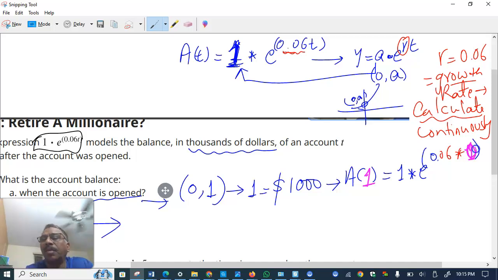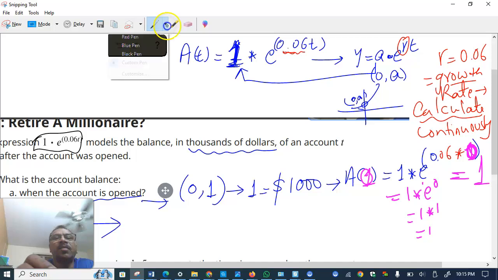If we put a 0 for t, this is going to be 1 times e raised to 0, which is 1 times 1. Anything raised to 0 is 1, and the answer is 1.